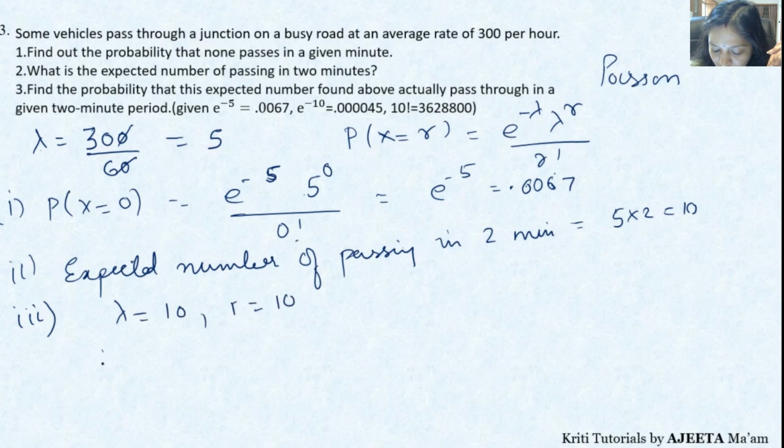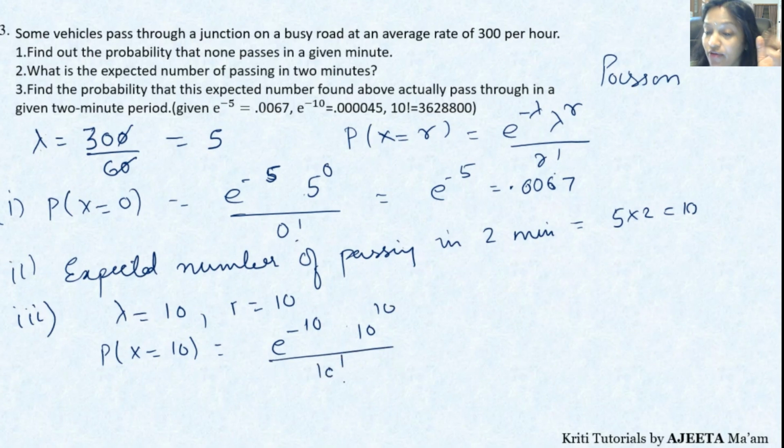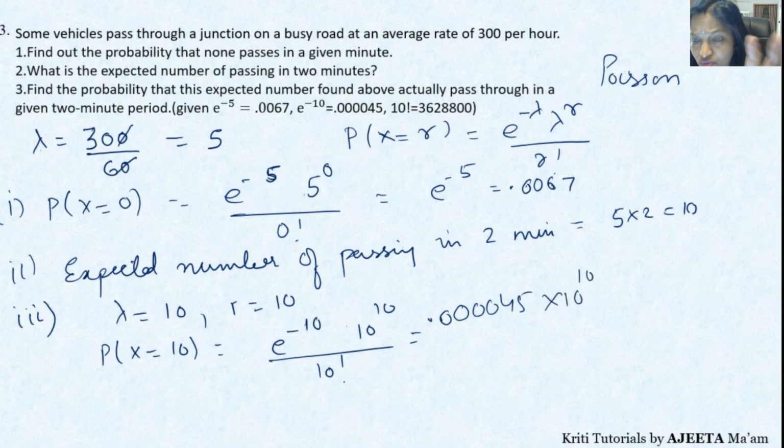So let's find the value. So we get here e raised to minus 10, 10 raised to 10 upon factorial 10. Value seems to be large but very easy to solve. So they have given the values in the question for e raised to minus 10, then 10 raised to 10 is very easy, you know, and then 10 factorial is also given to you, 3628800.